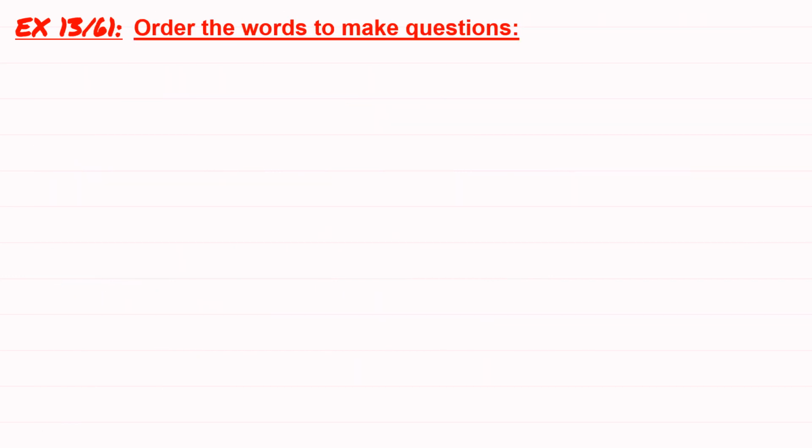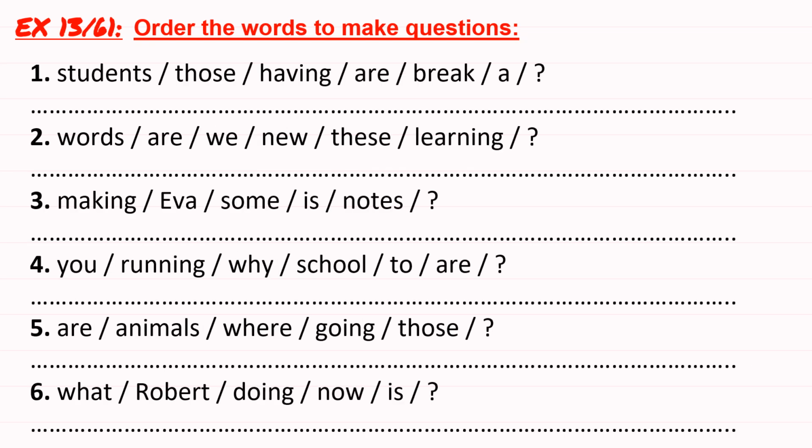Okay, let's continue practice with the exercise 13 on page 61. Order the words to make questions. We have 6 questions. So now we start with the number 1. Question number 1. Which words go first? Yes, it's a question, so to be are will go first.